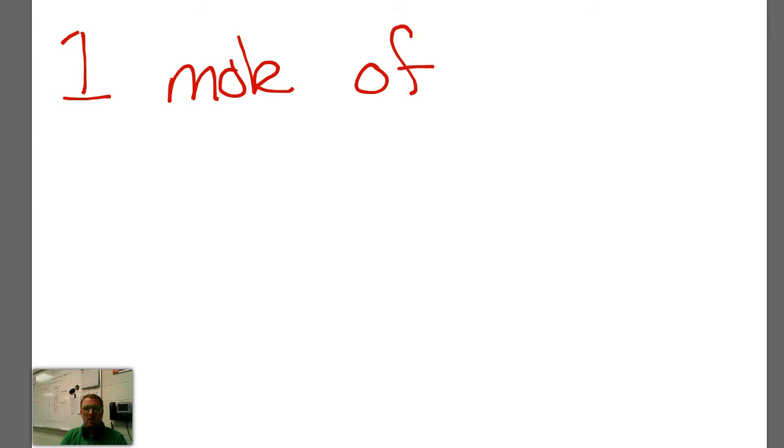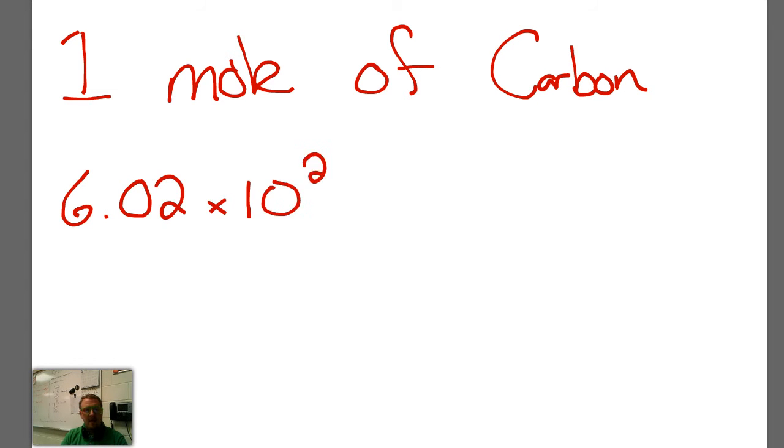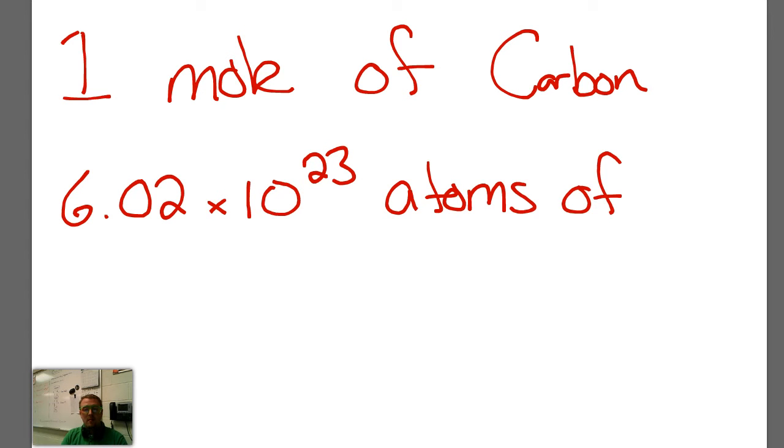So let's just say that I had 1 mole of carbon. If I had 1 mole of carbon, that means that I would have 6.02 times 10 to the 23rd atoms of carbon.